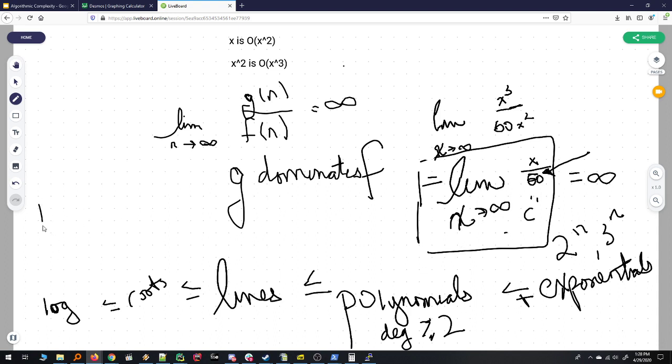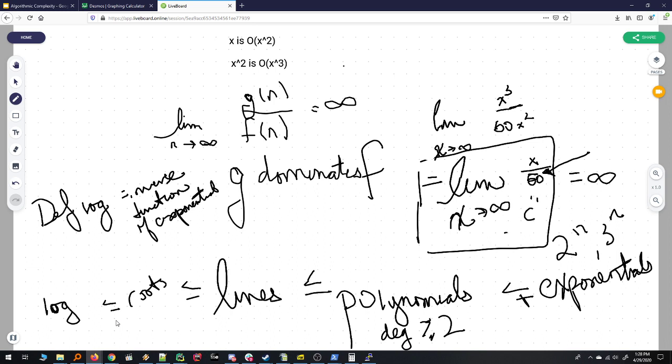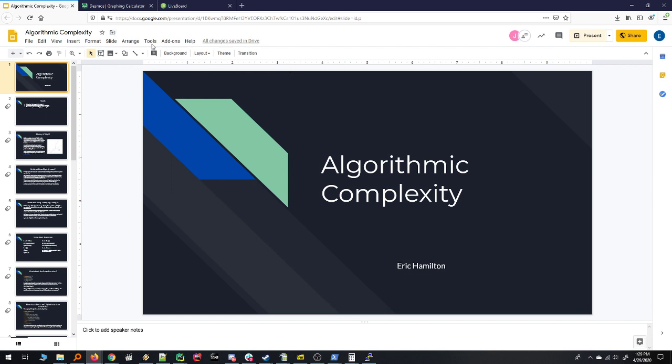Because the definition of log is the inverse function of the exponential, right? So, however fast exponentials grow, logs grow that slowly. Okay.